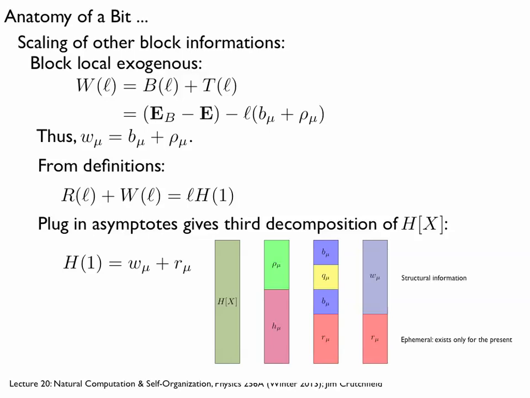Okay, so in this scaling, we already figured out what rho mu was. So that's our third decomposition, which is more structural. These are, roughly speaking, kinds of stored information, whether it's coming from the past or the future. And the complement is this ephemeral information which gets generated but is immediately forgotten. So this is just another decomposition. It would depend on which one you're interested in, and the application questions you have.